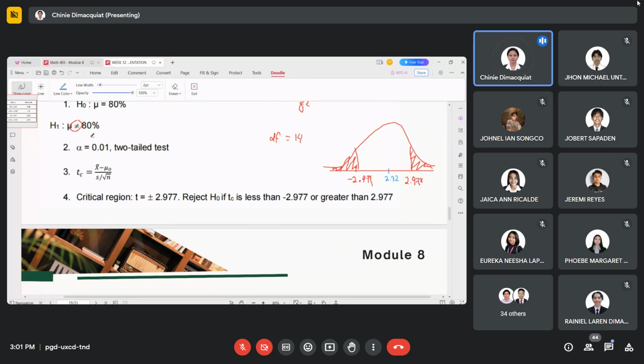Since the value of t we got is under this, what will be our decision? Accept or reject? Accept. We need to accept our null hypothesis.